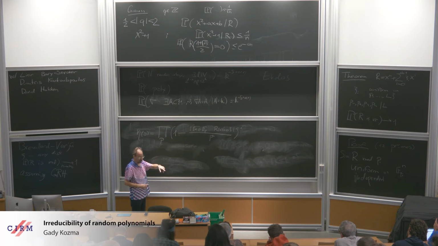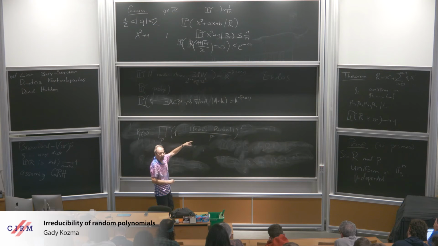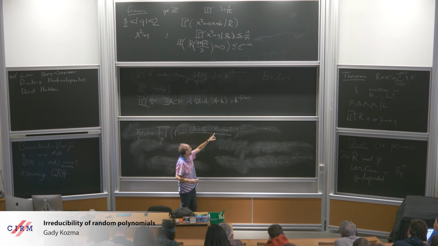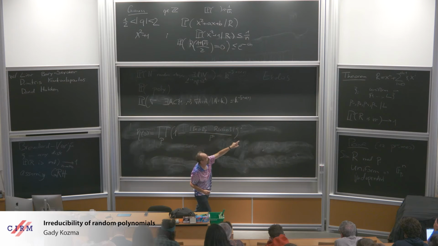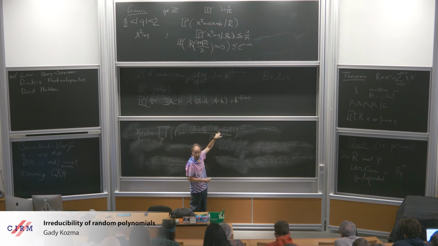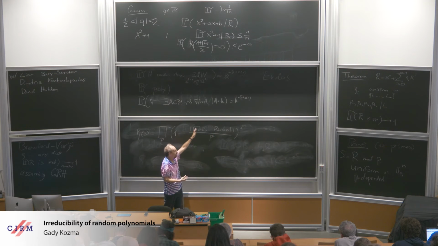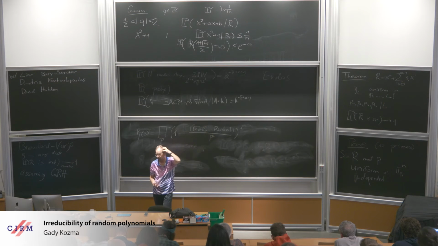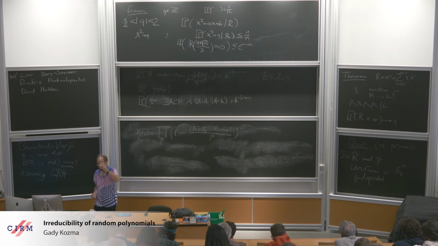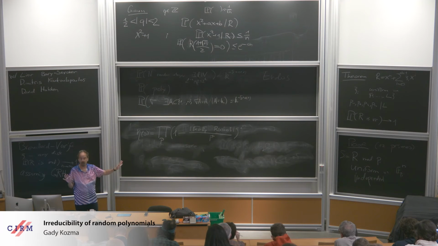You take some prime, you look at the number of roots of our random polynomial modulo this prime, and you put it where you would have 1 in the zeta function. Like the Euler product formula for the zeta function is 1 minus 1 over p to the s, and you just replace 1 with the number of roots. Is the definition of this function clear?